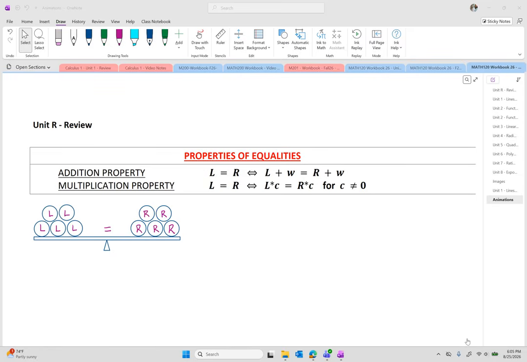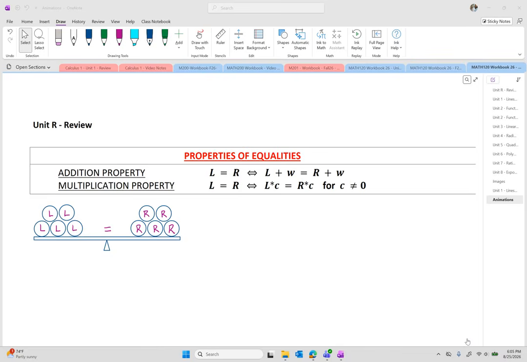So here, for example, I multiplied both sides by 5, and I ended up with 5 times L on the left and 5 times R on the right. And my seesaw will still balance. So this is the idea.